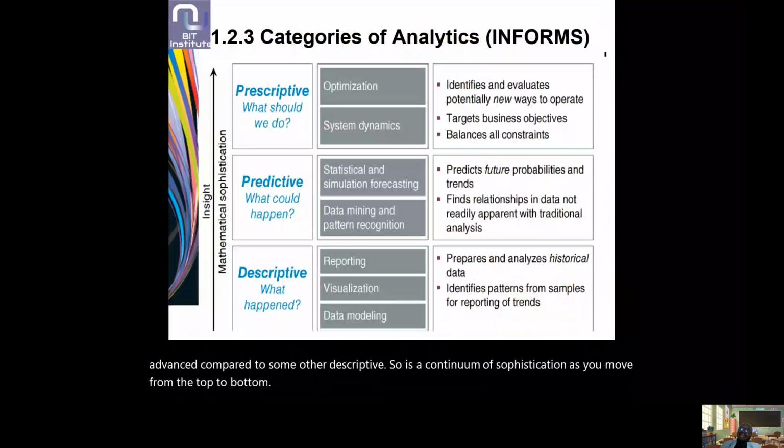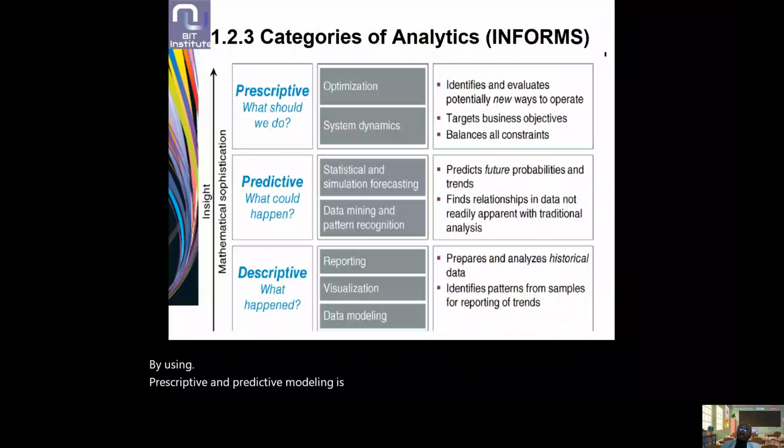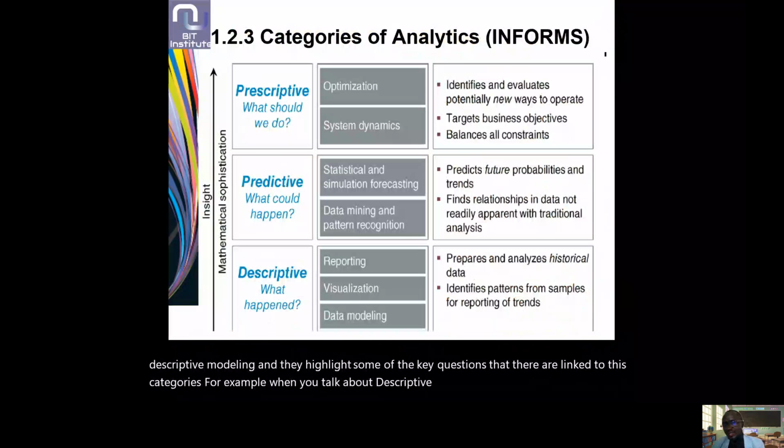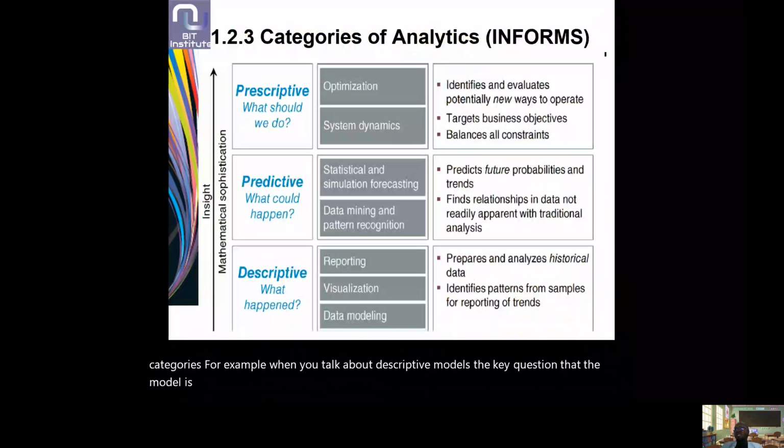As well, the insight that you can gain by using prescriptive and predictive modeling is much more than what you can gain by using descriptive modeling. And they highlight some of the key questions that are linked to these categories. For example, when you talk about descriptive models, the key question that the modeler is asking is, what happened?